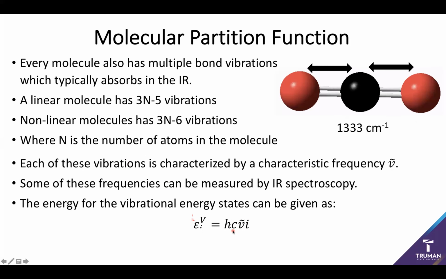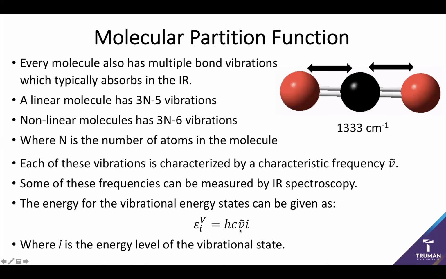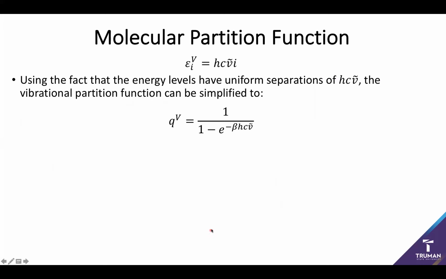However, I also have to build in the energy level. If I'm in the 0th energy level, I'm in the ground state and it works fine. The first energy level has a value of hcv, and the second would have 2hcv, and so on and so forth. So this is actually quite conducive to trying to build up a partition function.